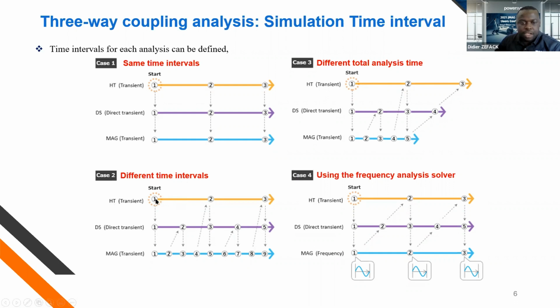Here you can see that the time interval of the thermal analysis is different from the time interval of the electrical analysis, which is different from the magnetic analysis. You also have another case where the total simulation time is different, and also the time interval is different. And the last possibility is that you can combine transient thermal and transient structure with frequency analysis of magnetic. Yes, this is possible.